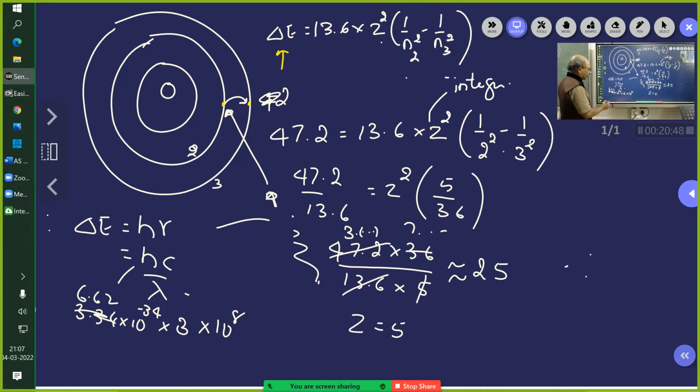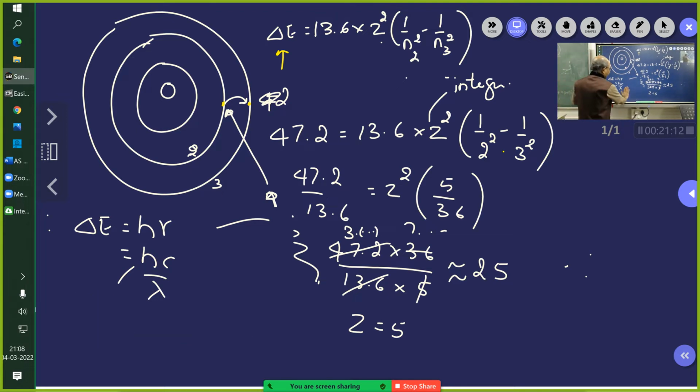So what you get here is 6.62 into 3. 3 2s are 6, 3 6s are 18, and carry 1, that is 19.86, into so much, if you take this as 3. But if you take its exact value, 2.99 something, then you get something else.